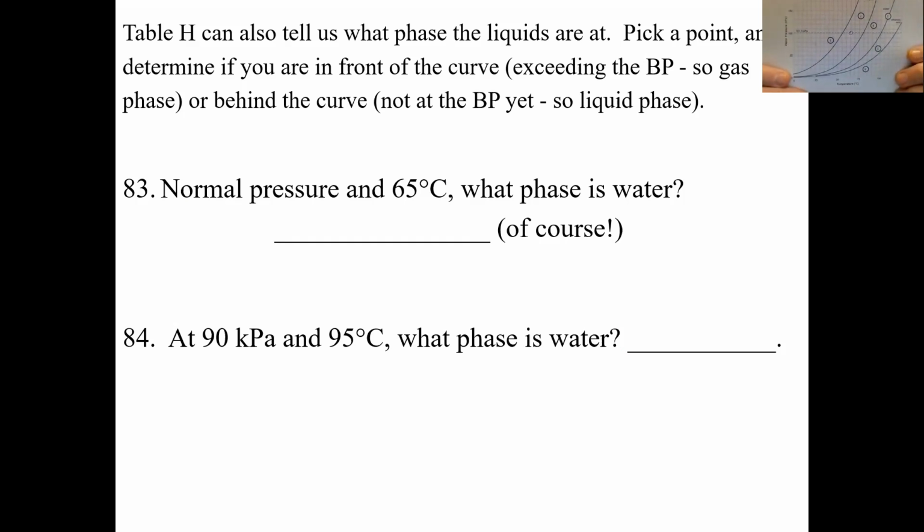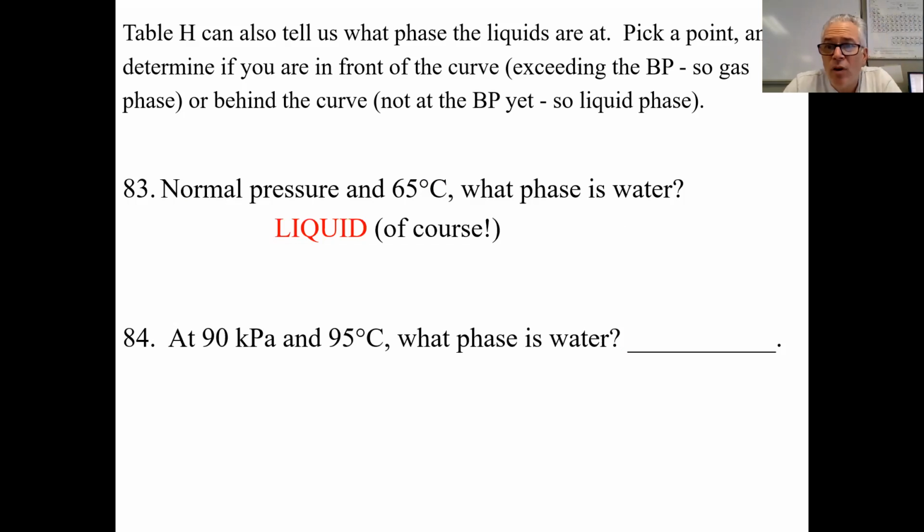Normal pressure, 65 degrees. That's where my circle is. Relative to water, the water curve is over here. I'm behind the curve. So that makes me liquid, of course, right? At 65 degrees in normal pressure, that's warm water.